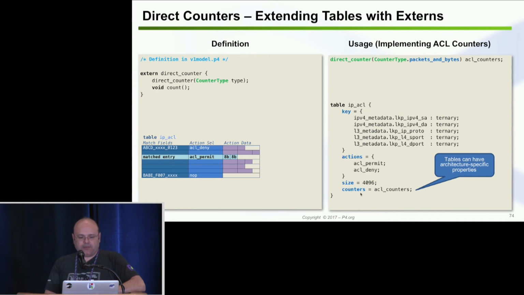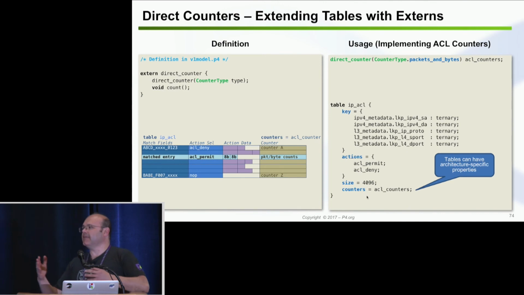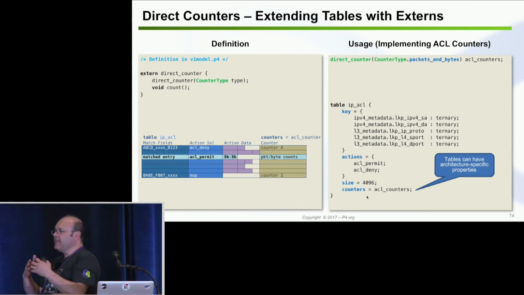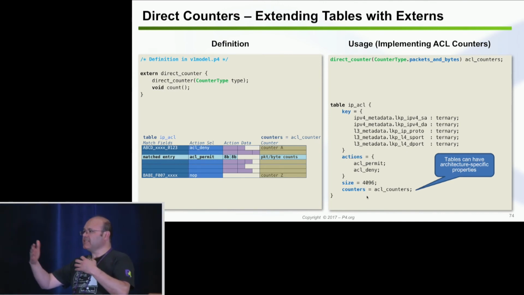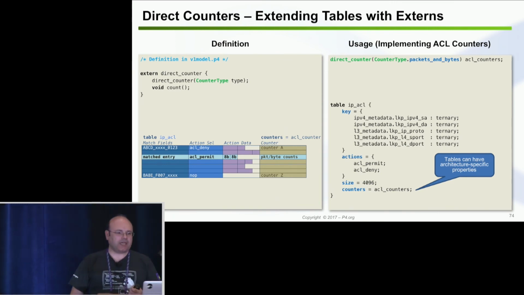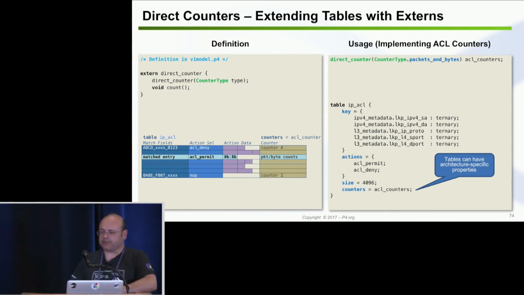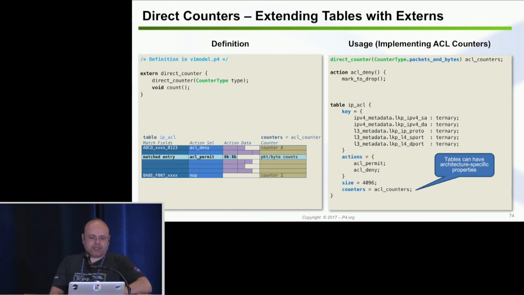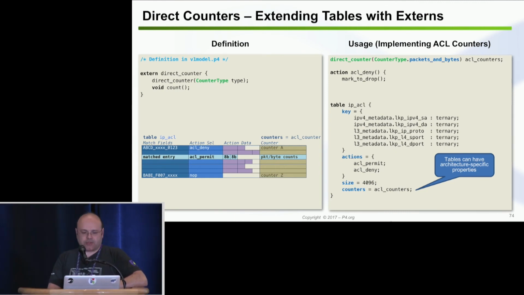And when you define this counters property, it basically gets extended. So every entry gets an additional piece, an additional data portion, which is our counters. In this case, it's packet and byte counters. And then what happens is I can actually use the count method inside the actions associated with this table.